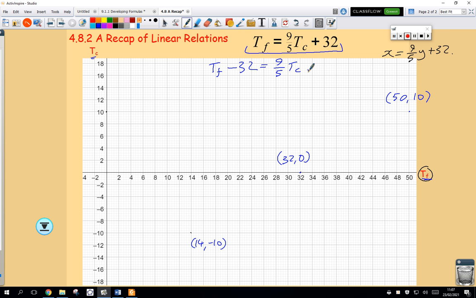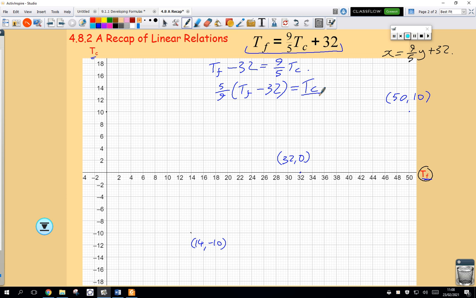Multiplying both sides by 5 and then dividing by 9, I get 5/9 times the temperature in Fahrenheit minus 32 gives me the temperature in Celsius. That's how we can convert Fahrenheit into Celsius. You can take your Fahrenheit measure, plug it in here, and find your Celsius conversion.